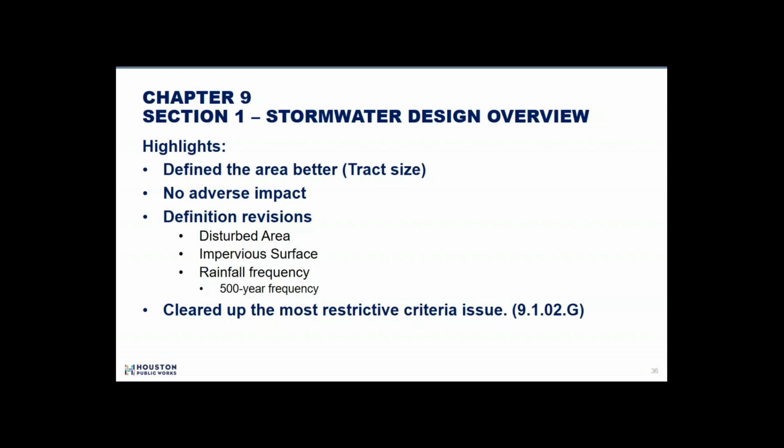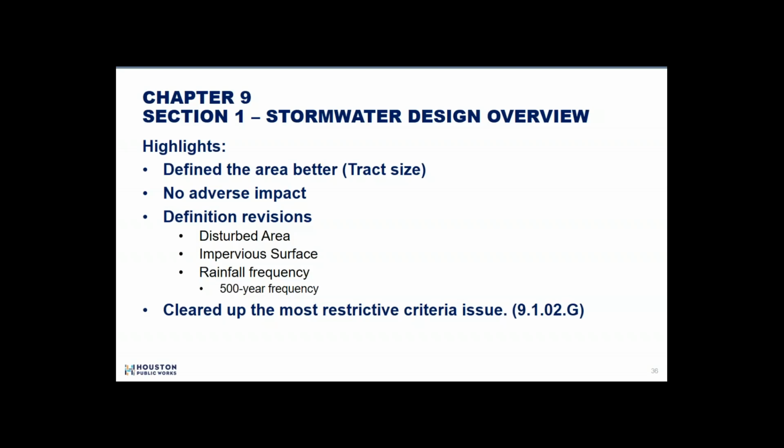So in the policy, that particular paragraph, 9102G, speaks to most restrictive criteria. Now, most restrictive criteria is when you're outfalling to another agency's system, TxDOT, Harris County, City of Houston, someone else. In past practices, there was actually some ambiguity.